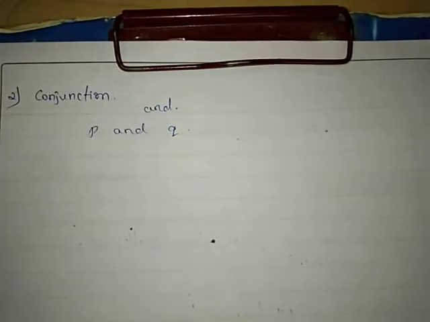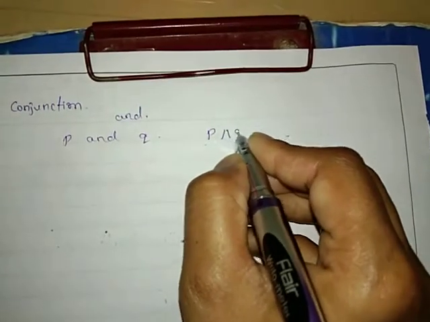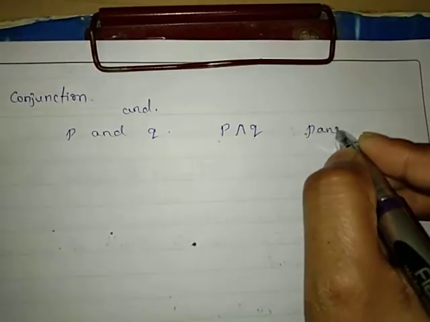By using the word "and". Suppose P and Q are two propositions, and those two propositions are joined by the word "and", by using the connective "and". We denote that by P ∧ Q, and that will be read as "P and Q".